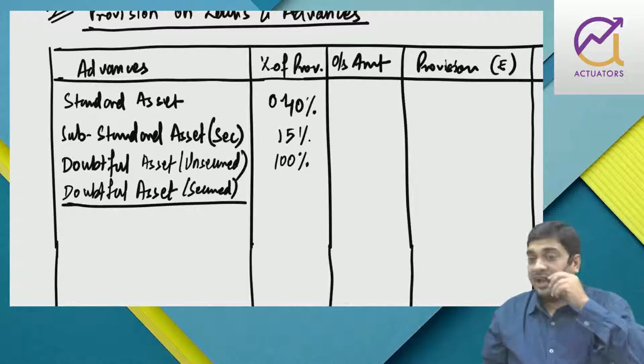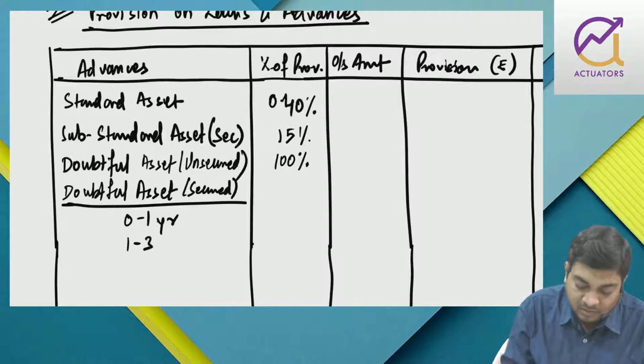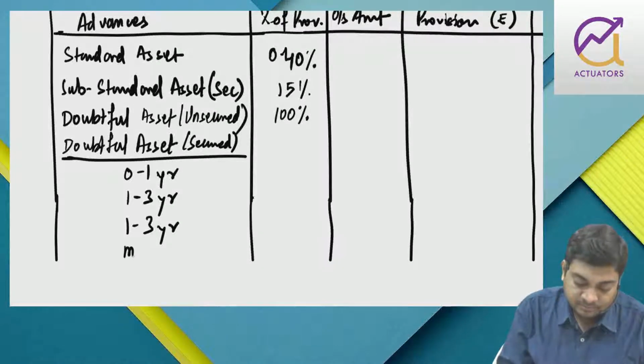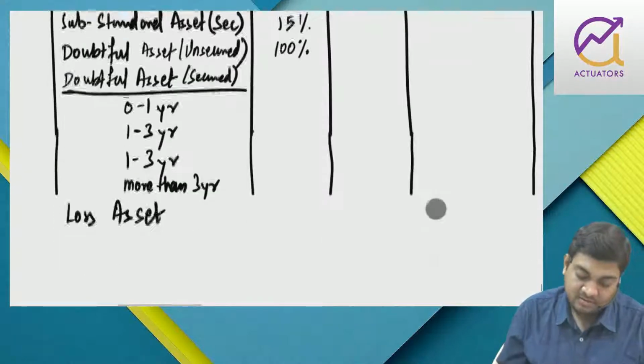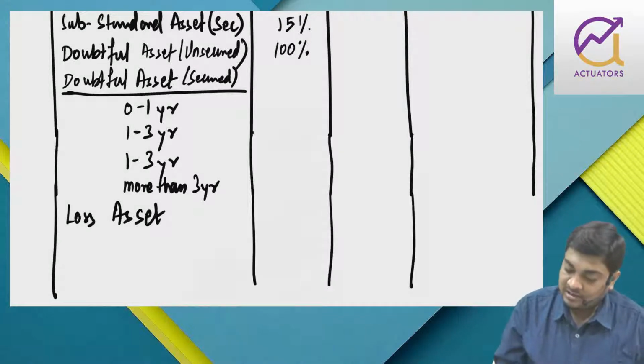Doubtful asset secured, we have 0 to 1, then 1 to 3 will be two times. One is 2 year, another one is 3 year. Then we have more than 3, and finally we have loss asset.